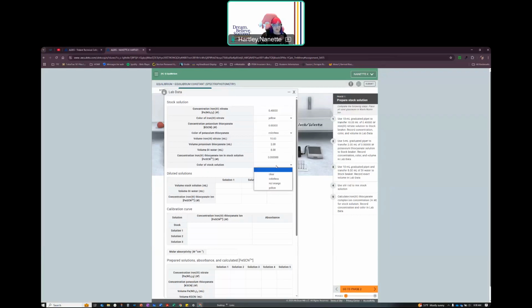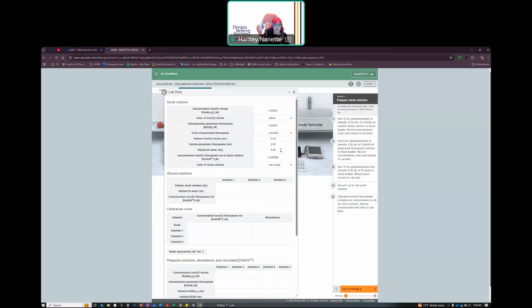And the color of that stock solution, because that's the only thing that's even close to red. And when I click out of that, I see that nothing is red. So since nothing is red, that indicates to me that I'm probably fine. If anything was wrong, it would be highlighted in red.